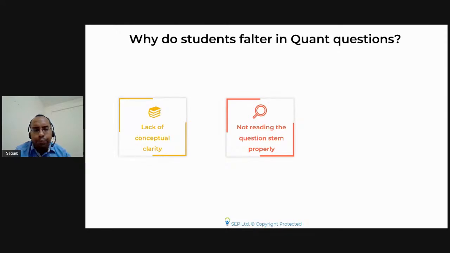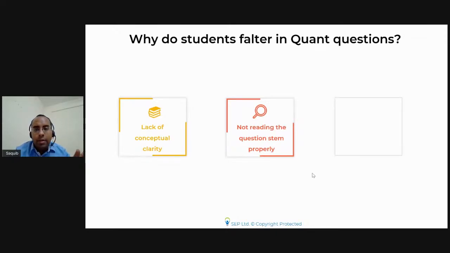For example, if it's given that x is a positive integer and there's a rest of the question, what is the significance of x being a positive integer? Does it really play a big role or is it just there? A lot of people just ignore that fluff and focus on the main part, because of which they falter in the question. I think a major chunk of people, even if they know the concept really well, are falling for this, and because of it their scores are not reaching a 49 or a 50, they are struggling between 46 and 47.